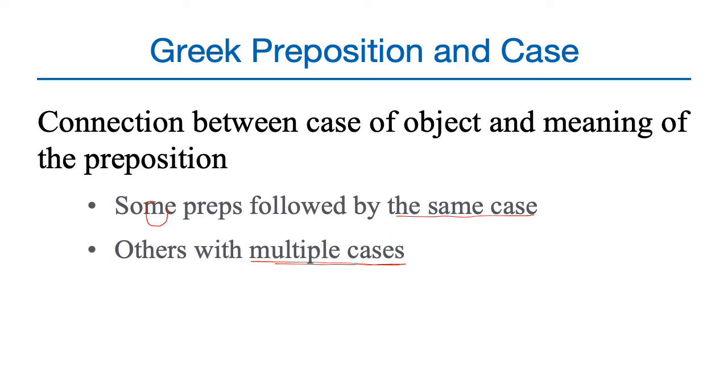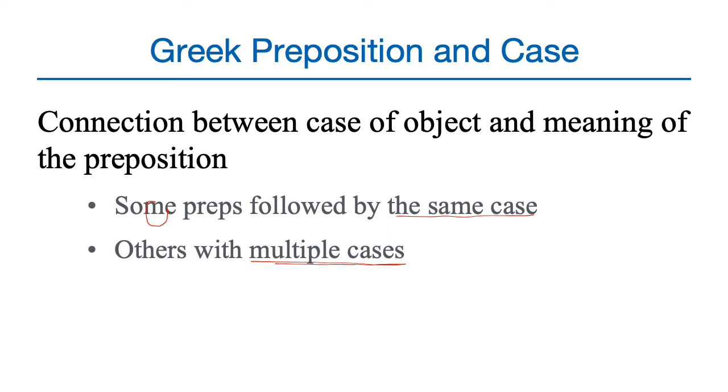Coming now to Greek prepositions and Greek cases. It is very important to note the relationship between the preposition and the case that follows it. There is a connection between the case and the object, and following that, you arrive at the meaning of the preposition.